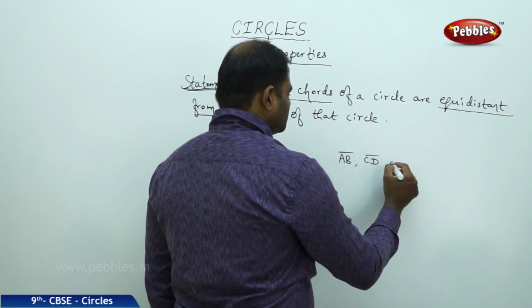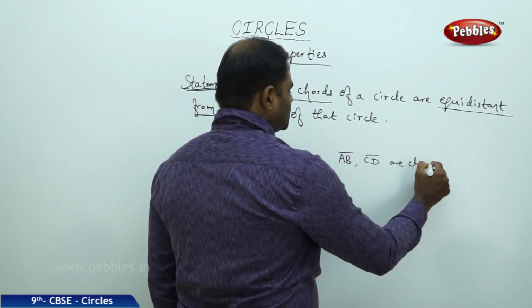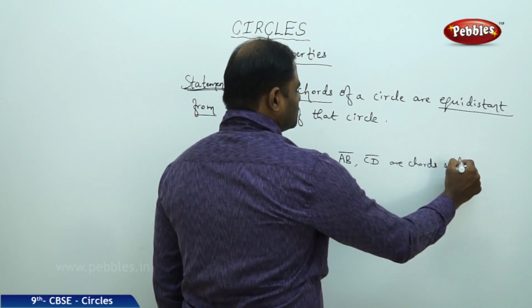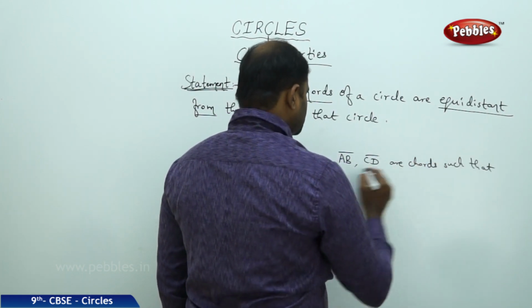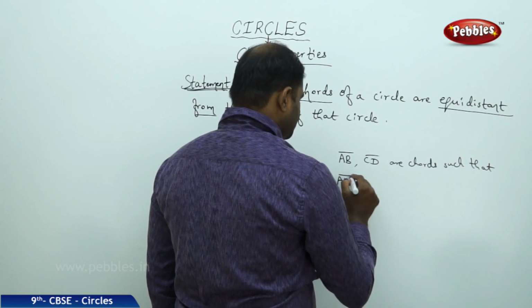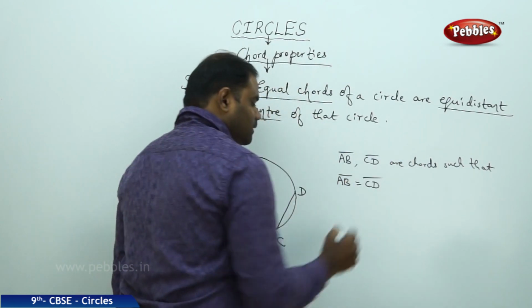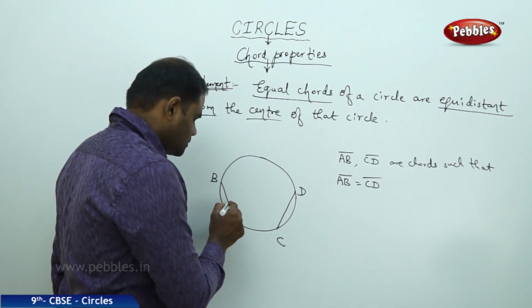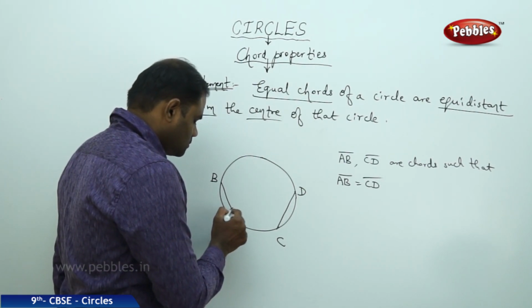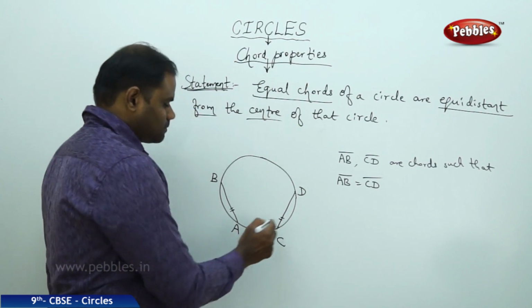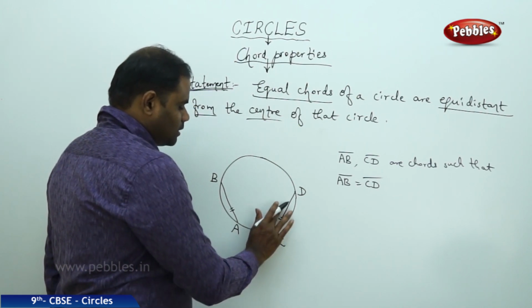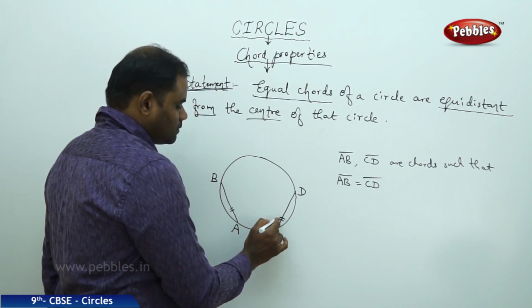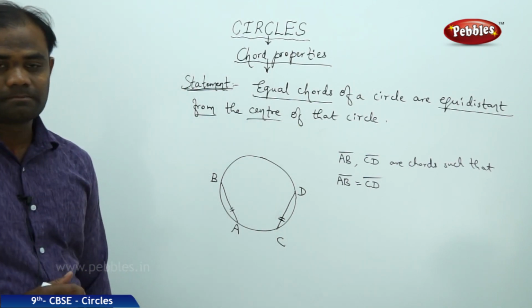AB and CD are chords such that they are equal chords. So this equals this is how we understand the equal chords.